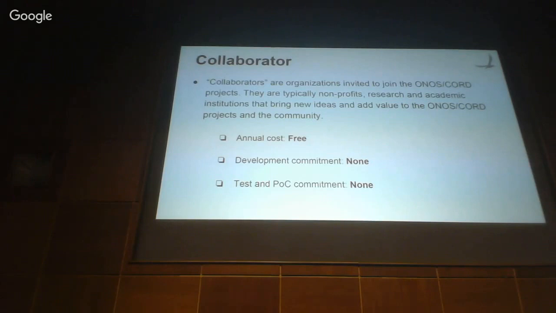But we also recently announced that Telefonica became a collaborator. Telefonica is working on both ONOS and CORD. They submitted a proposal that was reviewed by our TST, so we announced Telefonica as a collaborator.